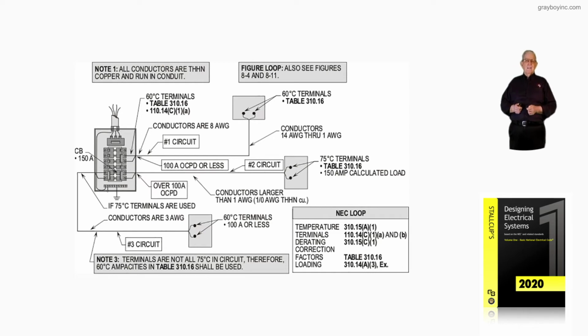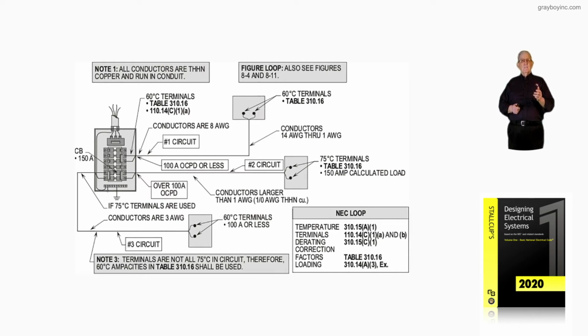So we have a number 8 conductor, and if that was on, say, a 40 amp device, that's 100 amps or less, then we could have a number 8 conductor feeding that, and we would have the ampacity that we needed, if my memory serves me correctly, in accordance with Table 310.16. It's 100 amps or less.